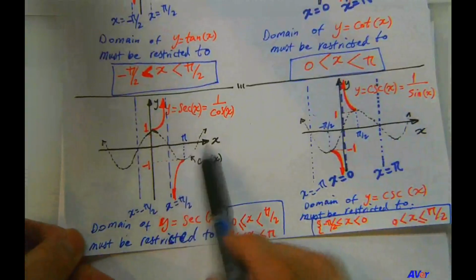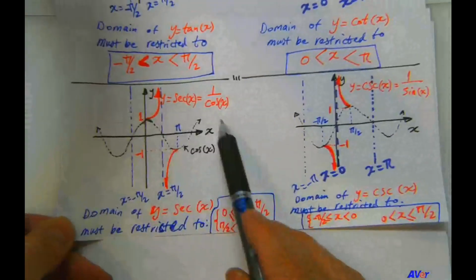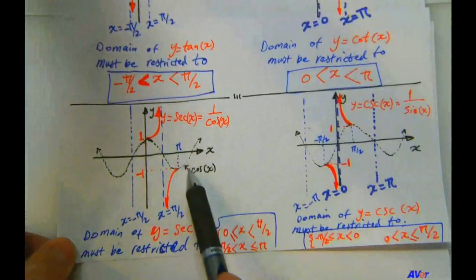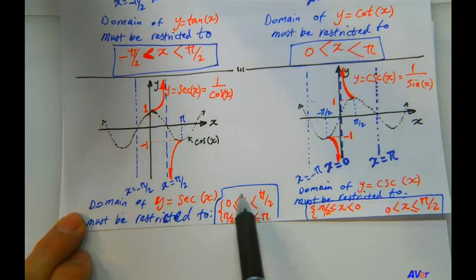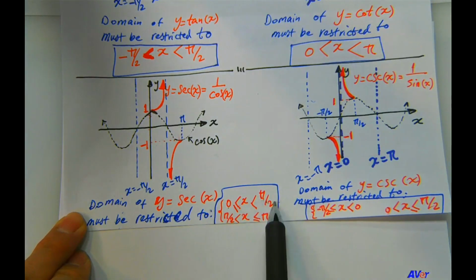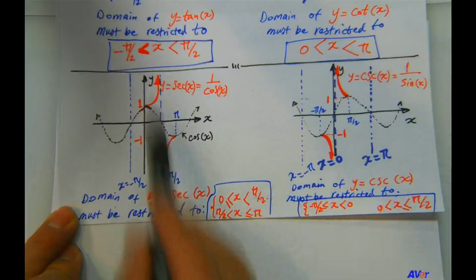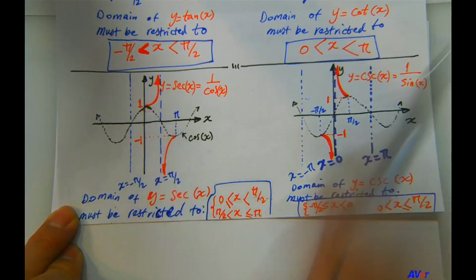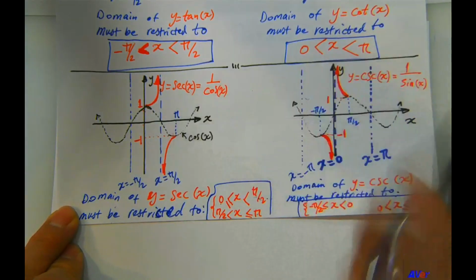Okay, we discussed this earlier for the secant function, right? This is page 4. So we decided that the domain is going to be restricted to 0 to pi over 2 and pi over 2 to pi, right? That's what we learned there. So let me quickly reproduce this on this page.